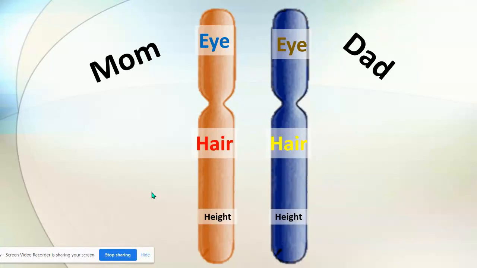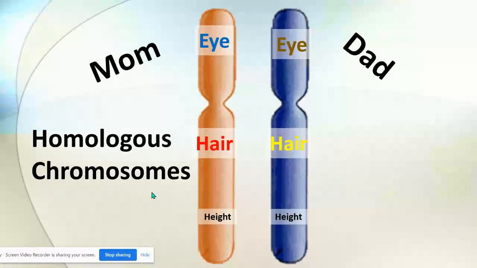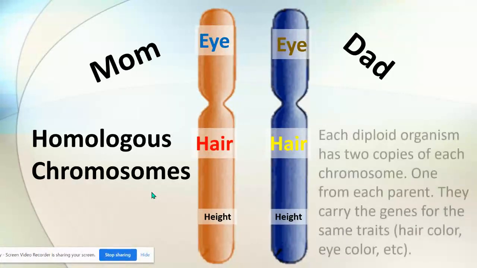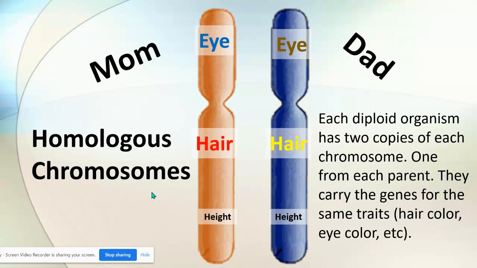Homologous chromosomes are chromosomes that carry matching genes: eye color, hair, height, etc. You have two of each kind of chromosome. You inherited one from your mother and one from your father. So as diploid organisms, we have two copies of each kind of chromosome, one from each parent, and they carry similar traits.